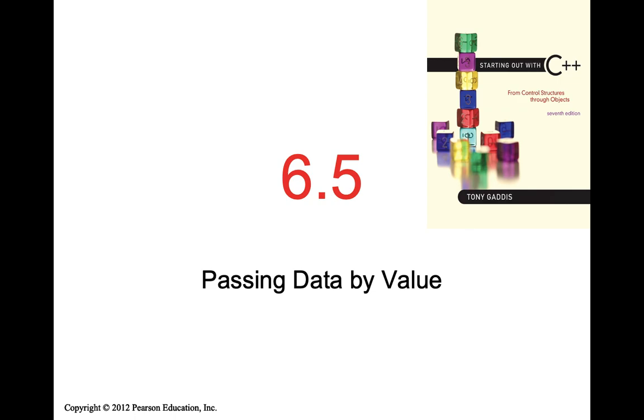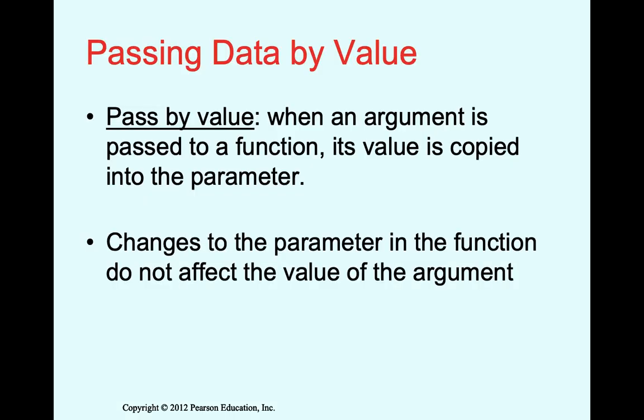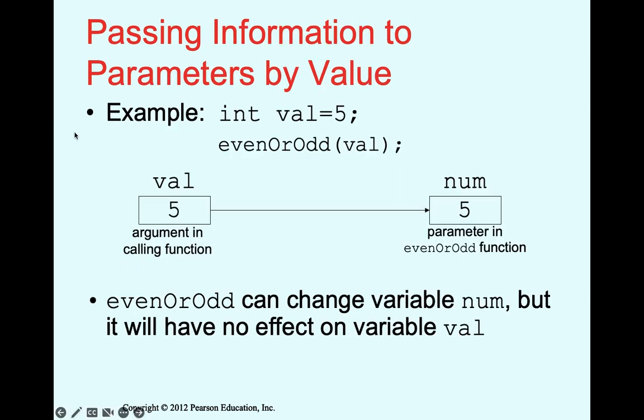So passing data by value. Normally when you call a function, you give a copy of the value to that function. So the value is copied into the parameters. So if the function tries to change the parameter, this will not affect the original value. For example, I have a function called even or odd. I give it val, which is 5.